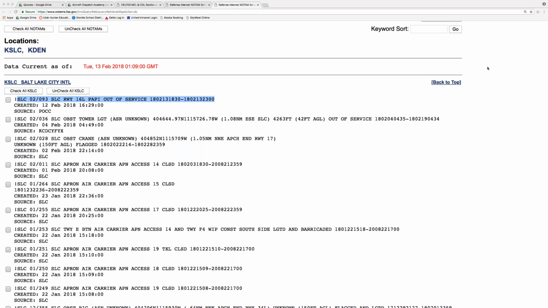And that's exactly right. It's giving us information on any closures on the airport, obstructions, taxiway closures, runway closures, runway lighting, anything like that. So if an approach is down, say the ILS is out of service, we'll see that on there as well.